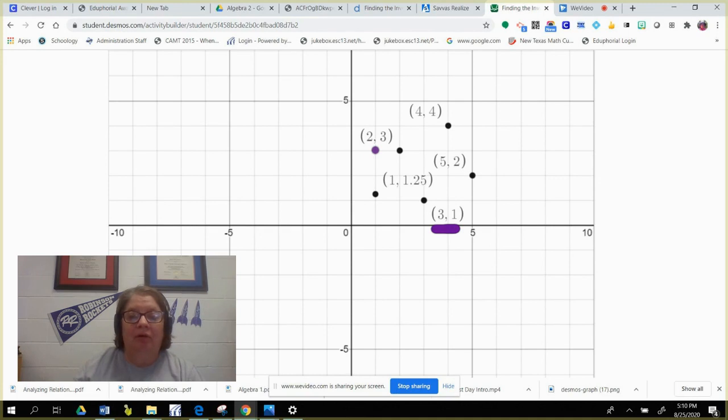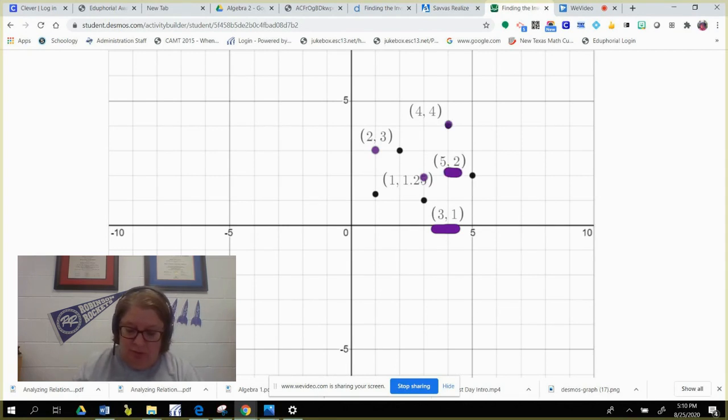And we have 2, 3 that I just made up. So this one would be 3, 2. And then we have this one that's 4, 4. What happens if we switch 4, 4? If we switch 4, 4, it's still 4, 4, right?